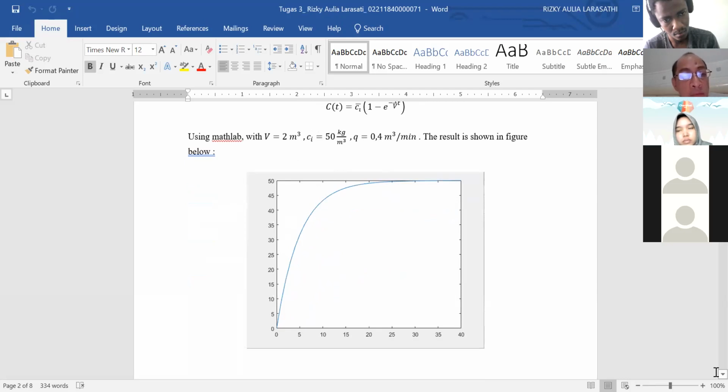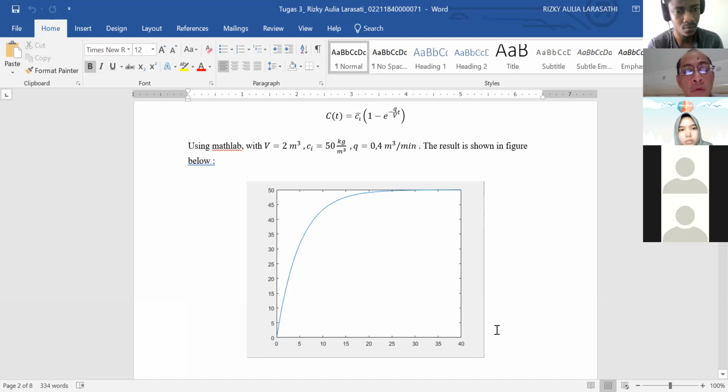Okay, closer. What is the value of C(t) at time equal to 0? This is 0, right? Over here. Is that correct? Yes, sir. What is C(t)?